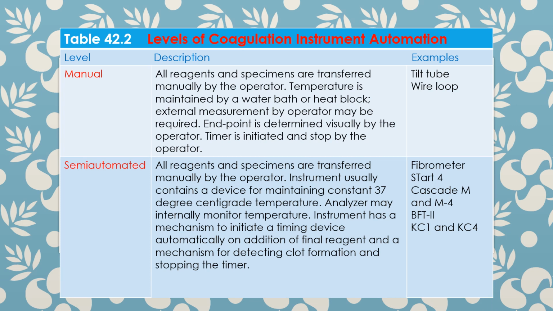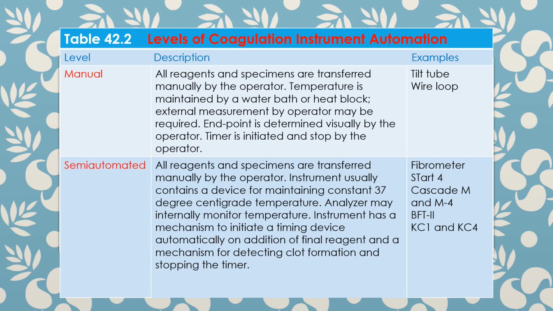So in this table, it has been summarized the three types of coagulometers, which are the manual, semi-automated, as well as the automated, with their own descriptions and examples. So these are the levels of coagulation instrument automation.